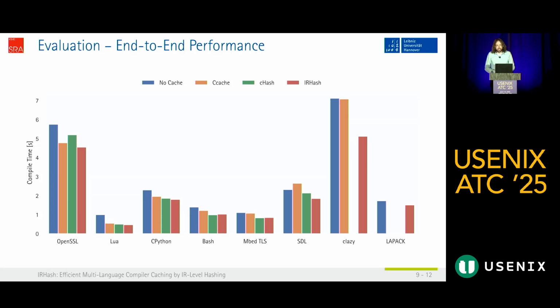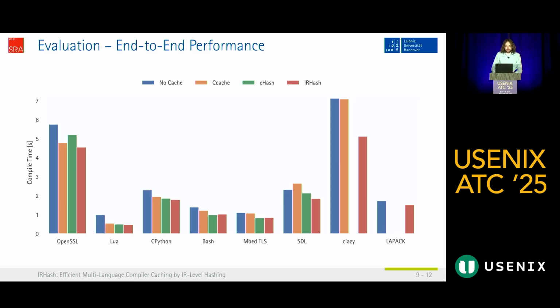That's the purpose, except for SDL, where Ccache is a little bit slower than baseline. Apart from that, everything is as expected, and IRHash consistently achieves strong results, being the fastest most of the time. Only for bash and embed TLS, cHash is fractionally faster.